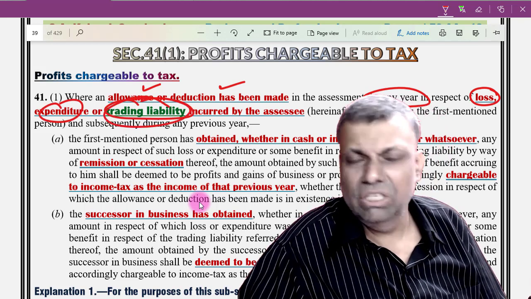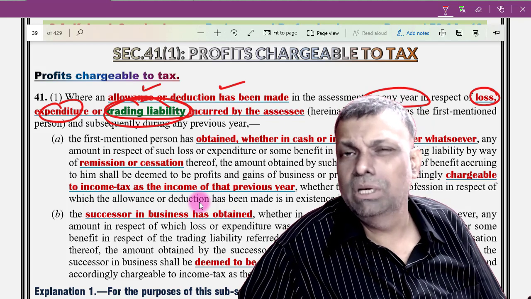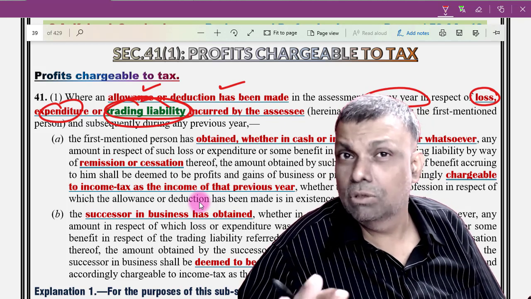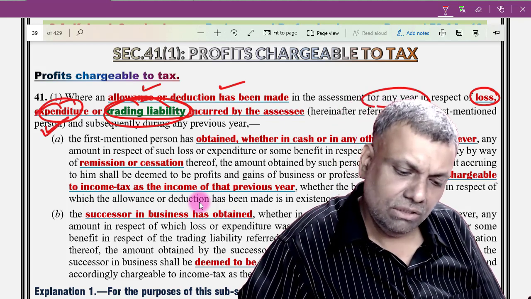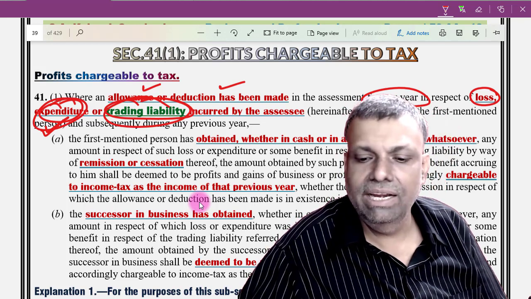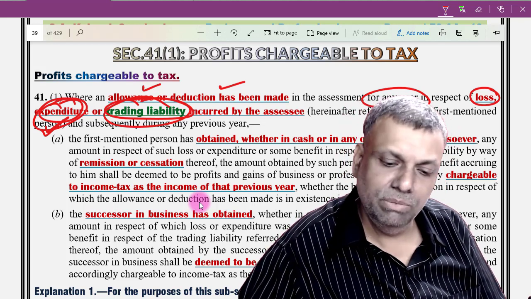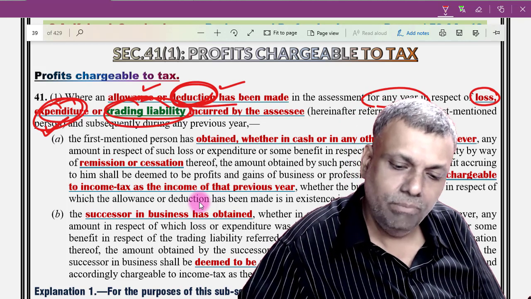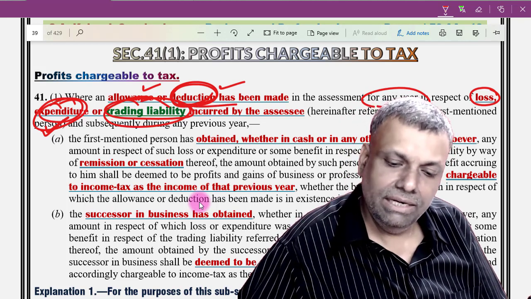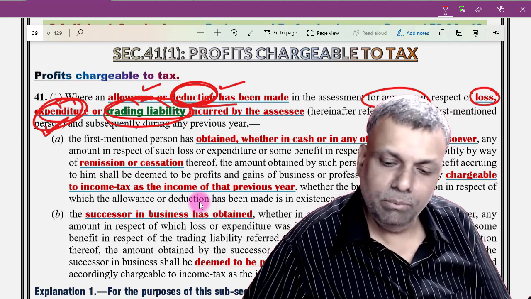Now this trading liability is a very important word here, but I will explain it afterwards. Right now I will just focus on the basic thing: expenditure. So where you have claimed any expenditure for which any deduction has been allowed, that is the beginning point of the discussion.